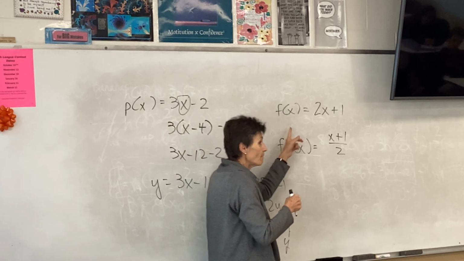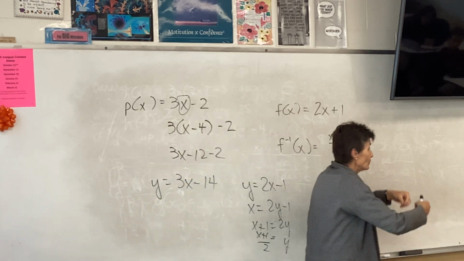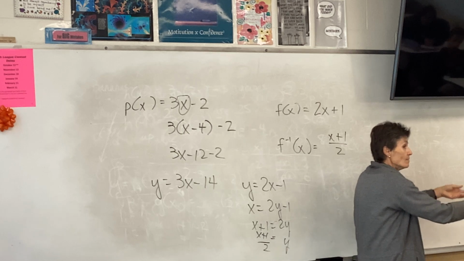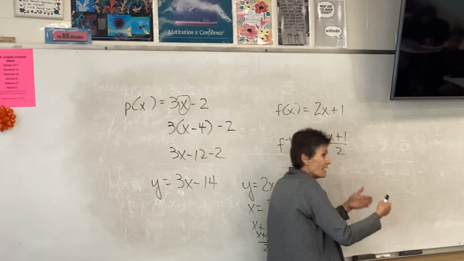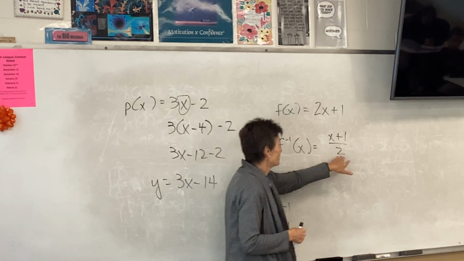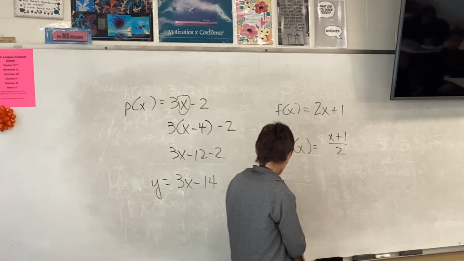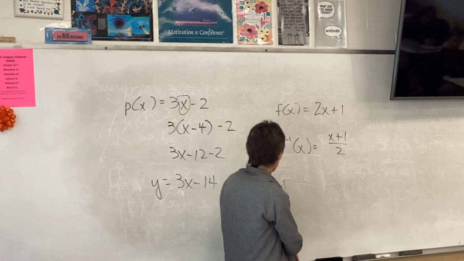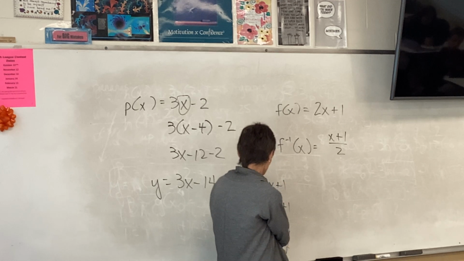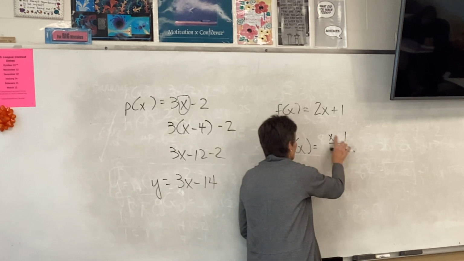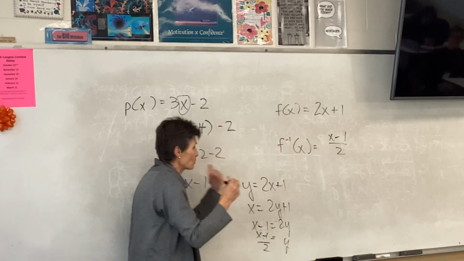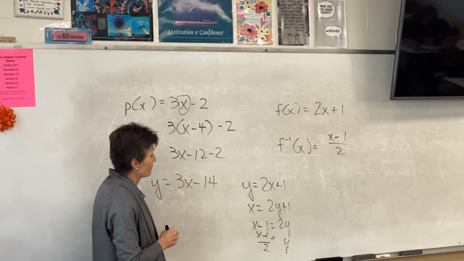So if f multiplies by 2 and adds 1, the inverse is going to subtract 1 and then divide by 2. Oh, that should be a minus 1. I copied my problem wrong. Yeah, the inverse subtracts 1 and then divides by 2.